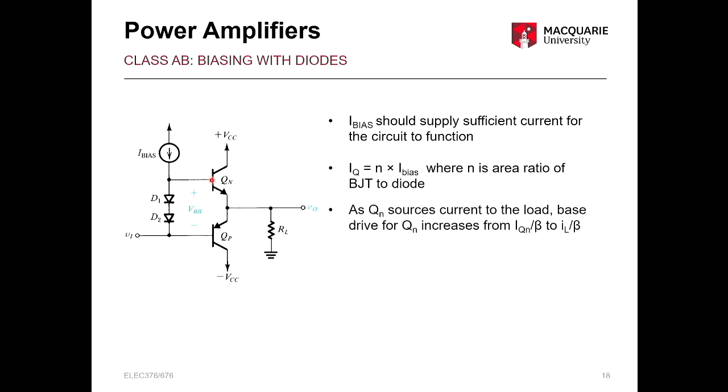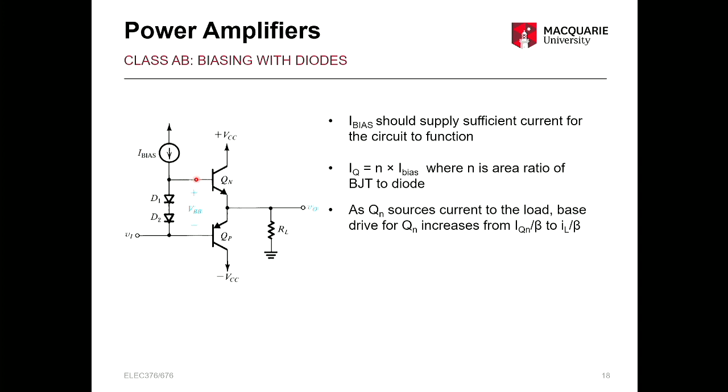As Qn sources current from the sources to the load there, it's going to need an increase in its base current. That's going to be whatever this current is here divided by, approximately, beta. So the very minimum I bias is constrained by the need to give sufficient base current here.